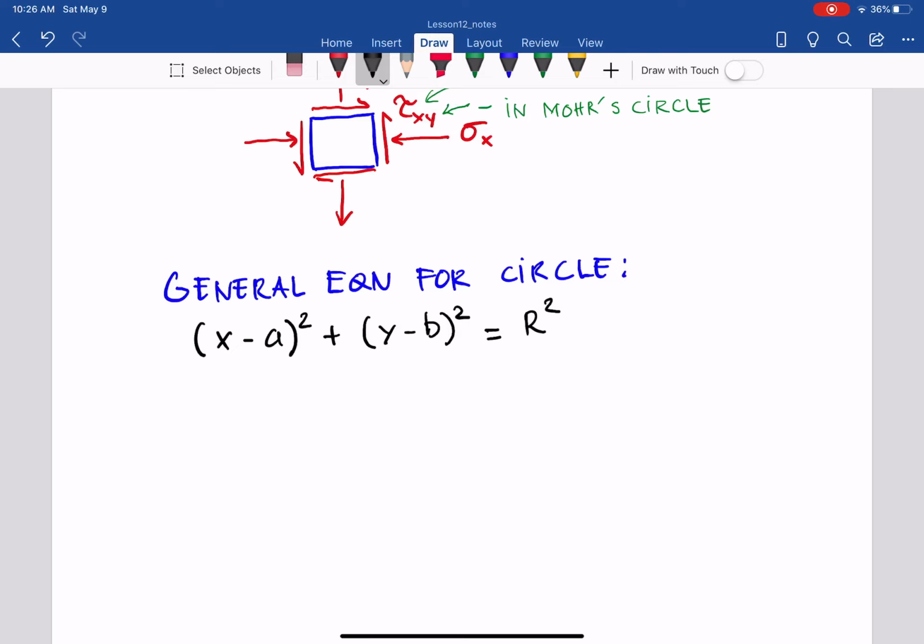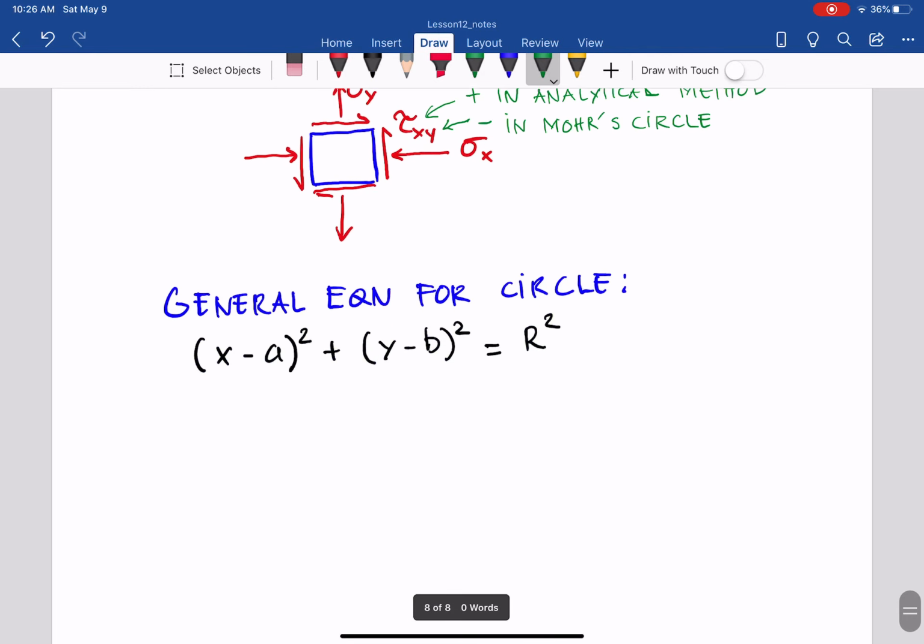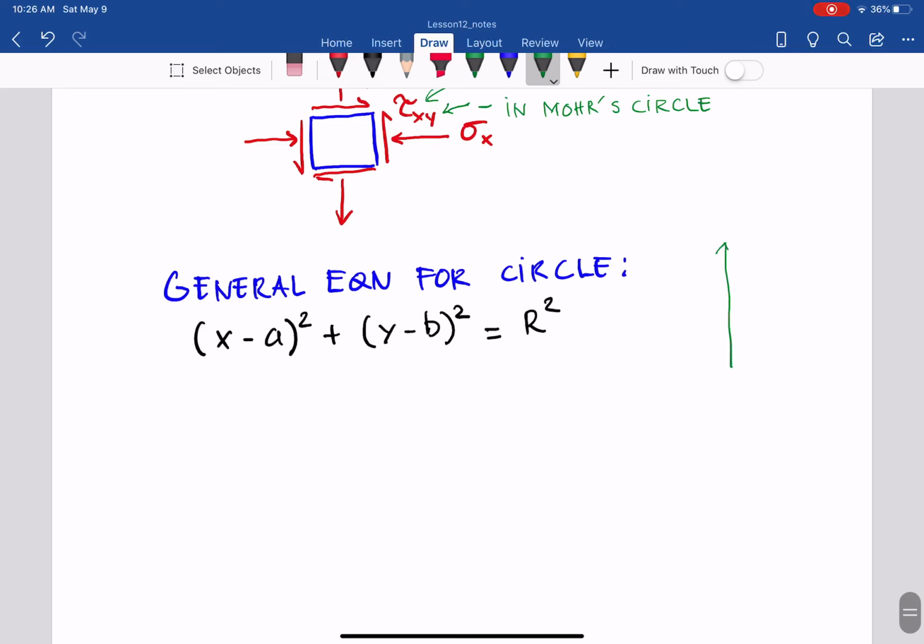So let me write down here, if we have a circle on the x and y plane, and let's write circle here, and the center of the circle is there, then that is a, and the coordinate in y is b, and the radius, as you can see there.